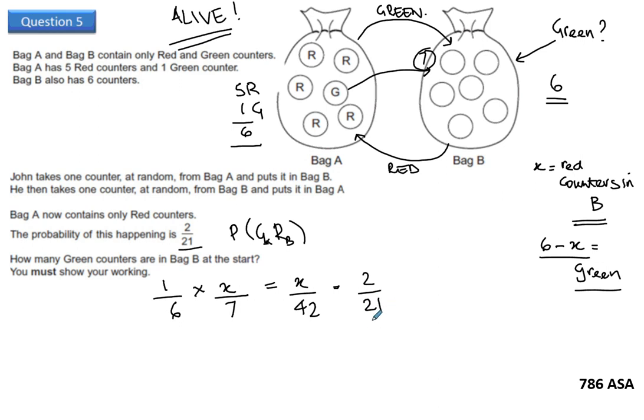This is easy because you can see you've multiplied that by 2, so you multiply that by 2. 2 times 2 is 4. So X equals 4, which is the number of red. So green equals 6 minus 4, which is 2. Isn't that easy?